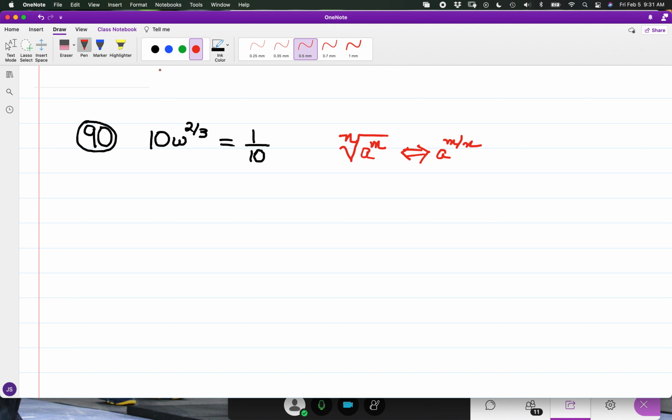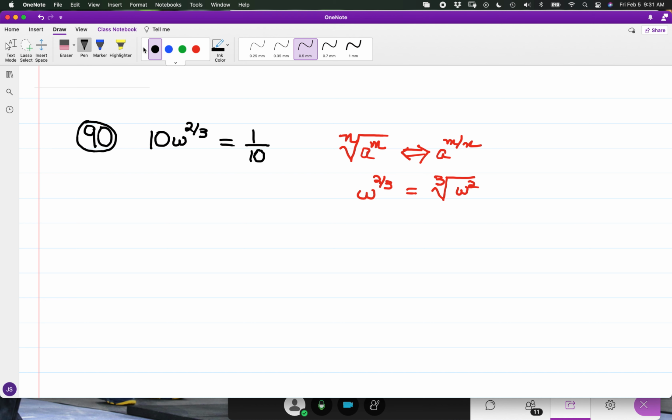In the case of w to the 2/3, if I were to rewrite this in radical terms, the type of root is indicated by the denominator. So we have the cubic root of w raised to the second.